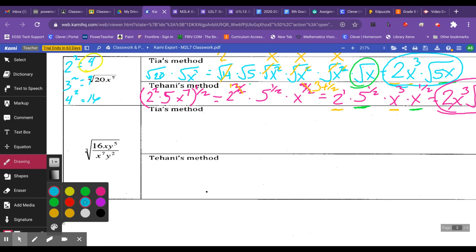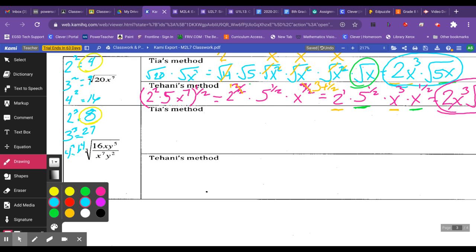So I want a cubed root. 2 cubed is 8. 3 cubed is 27. 4 cubed is 64. Which one of those goes into 16 evenly? 8 does.